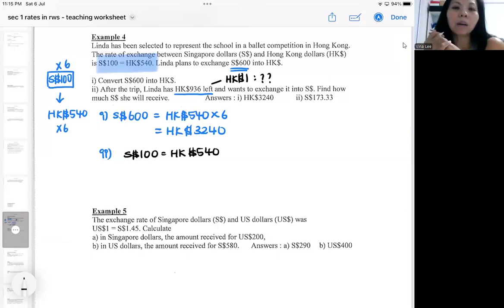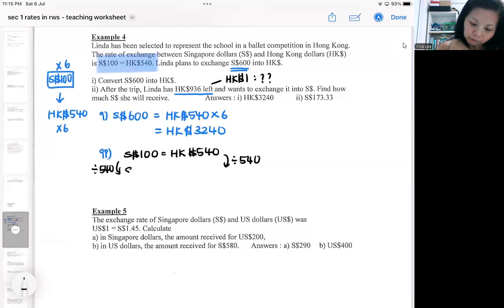So I want to find the rate of Hong Kong dollar. That means how much 1 Hong Kong dollar can bring me in Singapore dollar. So that's my purpose. So I'm going to divide 540 on each side.